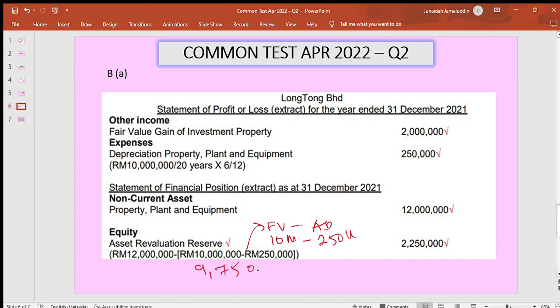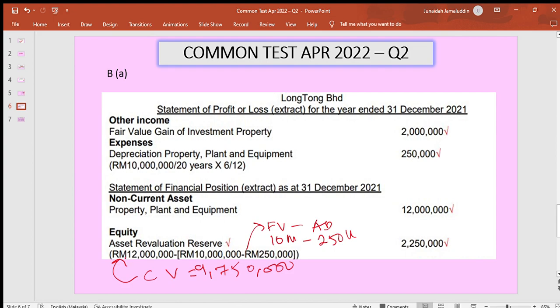So we get 9,750,000. This is the carrying value of the property. So we compare with the fair value on 31st December 2021, which is 12 million.